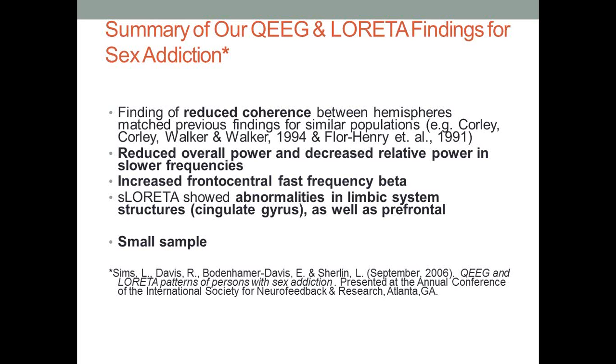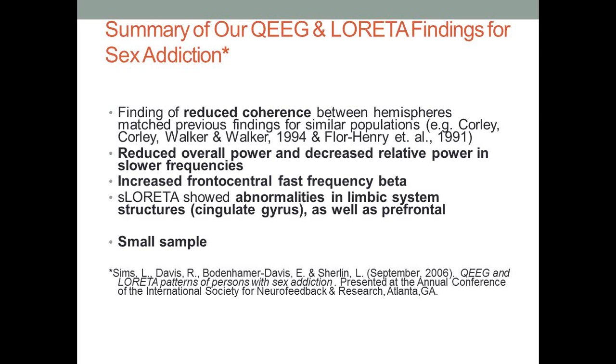What they found was reduced overall power and decreased relative power in the slower frequencies, increased frontocentral fast frequency beta, and reduced coherence between the hemispheres. We saw that as well in ours. And then LORETA showed abnormalities in the limbic system structures, cingulate gyrus, as well as the prefrontal area. 32 patients was a small sample.